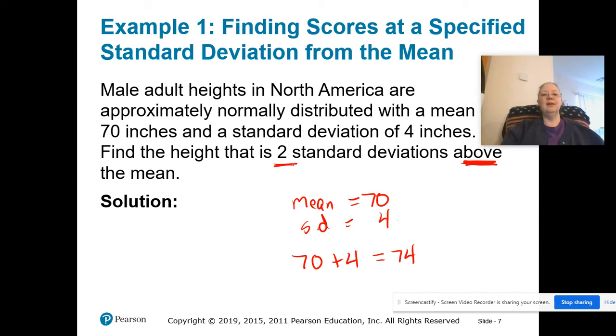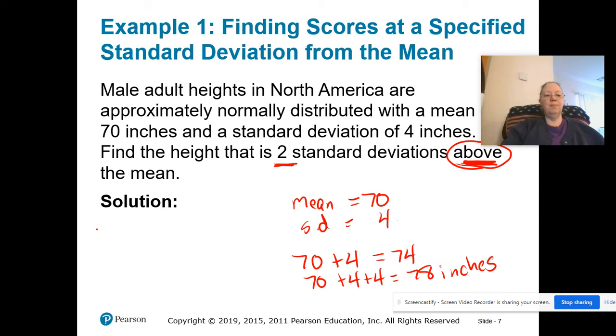It's not asking for 1, it's asking for 2. So I'm going to add 2 standard deviations to the mean, and 78 inches would be the height that is 2 standard deviations above the mean. If they had asked for below instead of above, then you would subtract.